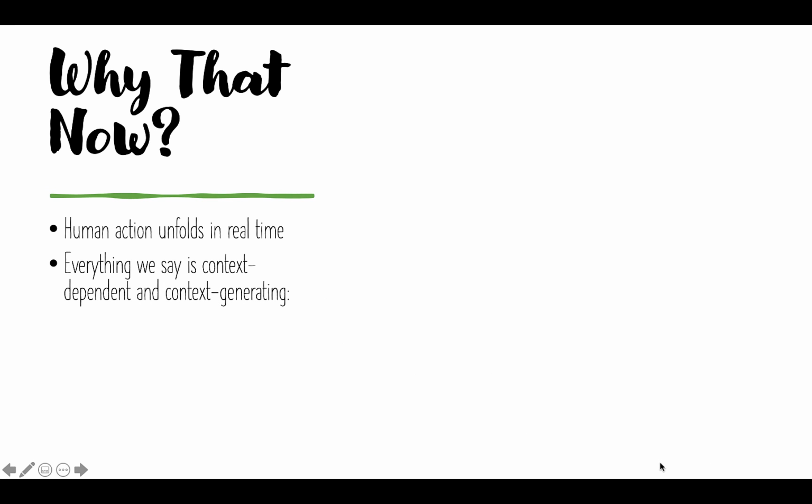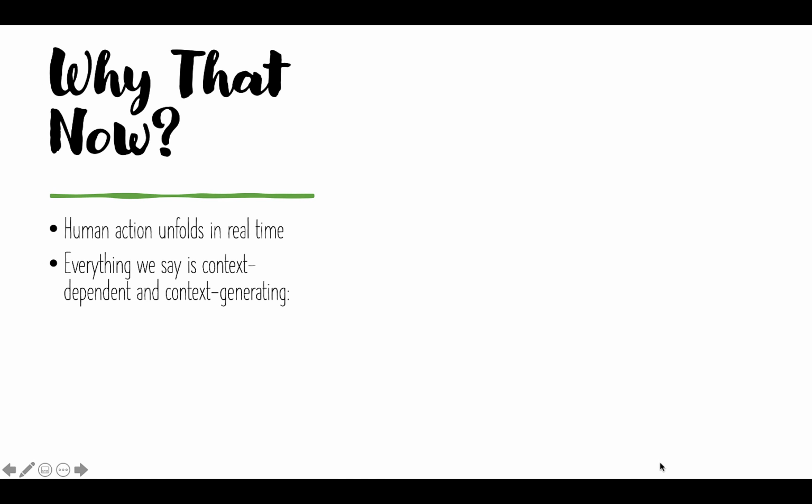Now, let's return to the crucial question in CA. This question will drive all your analyses. Why that now? Let's begin with an observable fact. Human interaction unfolds in real time and in the real world. Therefore, everything we say occurs in a specific context.